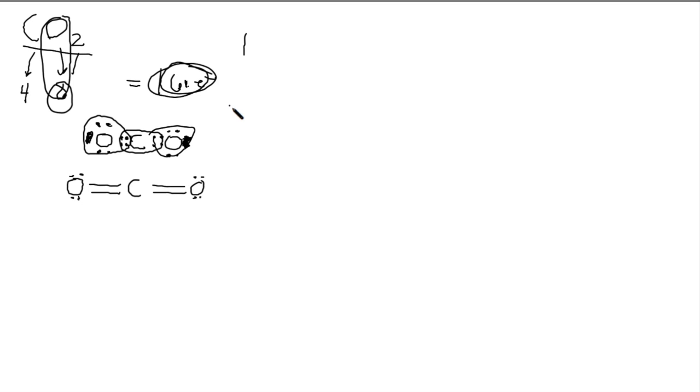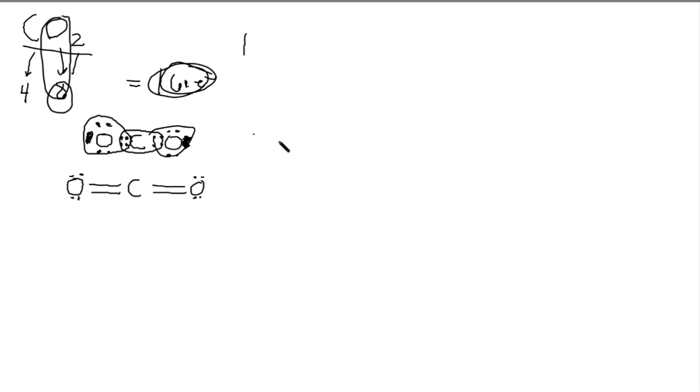Second step, we put the least electronegative atom in the center of the diagram. How did we find that? We looked on the periodic table, and carbon was less electronegative because it was more to the left.